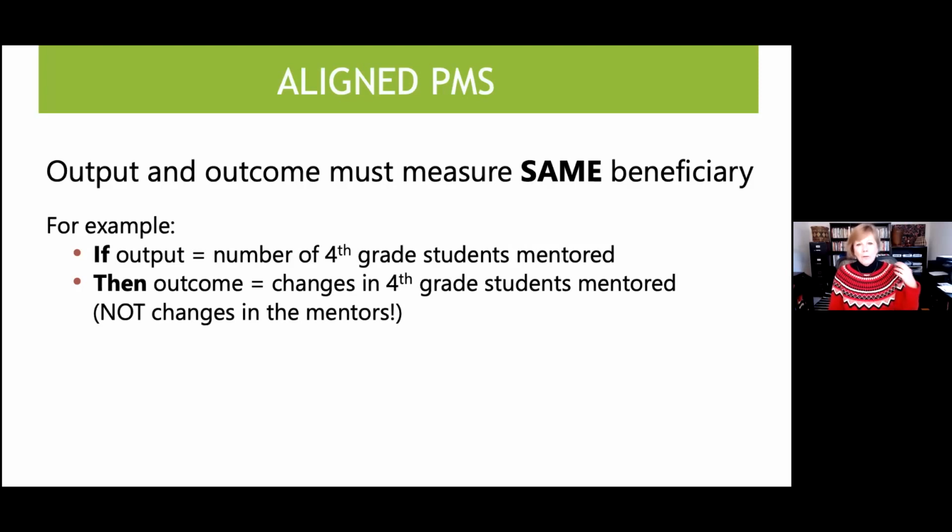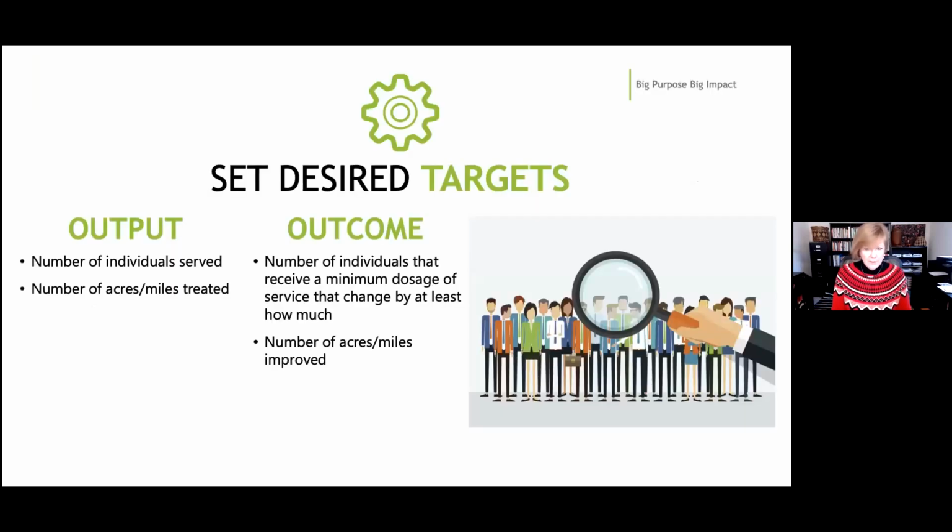If your output is about tutoring students, your outcome has to be some change in students based on what members were doing. You can't have the output be students and then the outcome be changes in mentors. I don't think many people do that anymore, but I have seen many applications where they take a right angle for the outcome. So make sure it's the same bucket of people or things that your aligned set is based on.